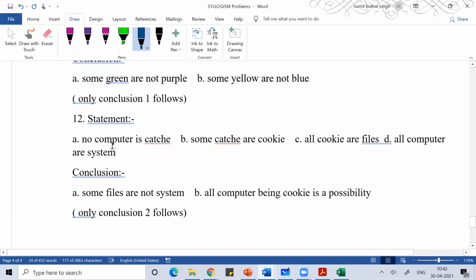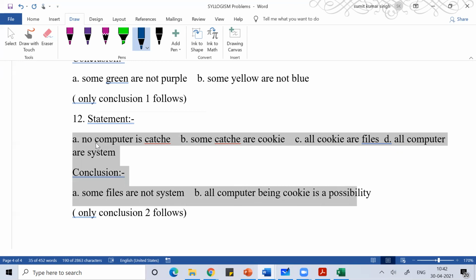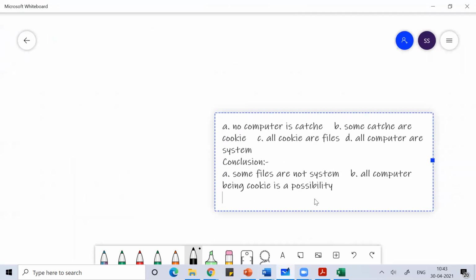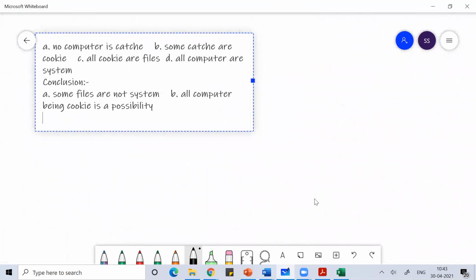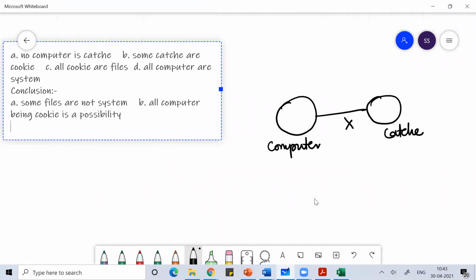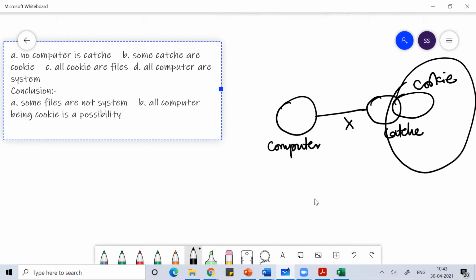You can see the statement: no computer is catchy, some catchy are cookies, all cookies are files, all computers are system.